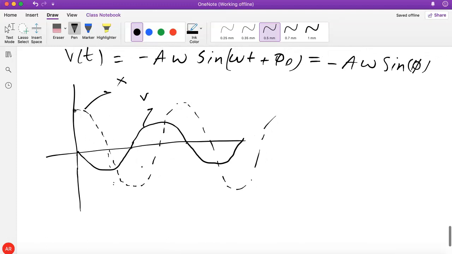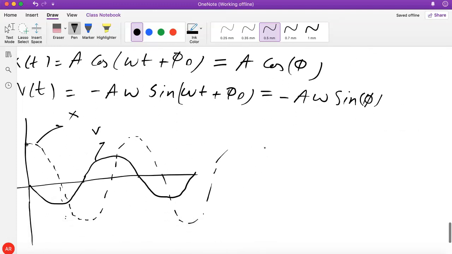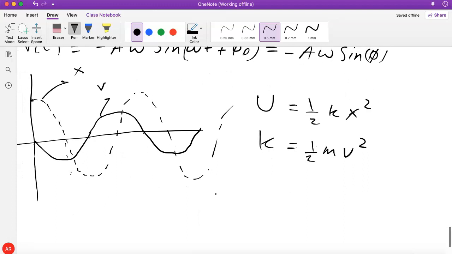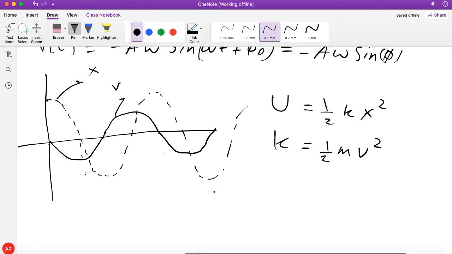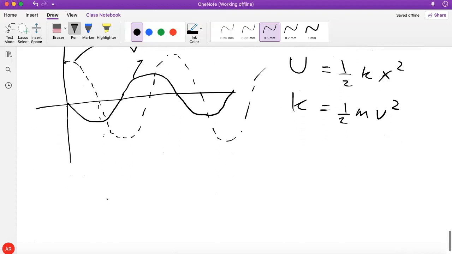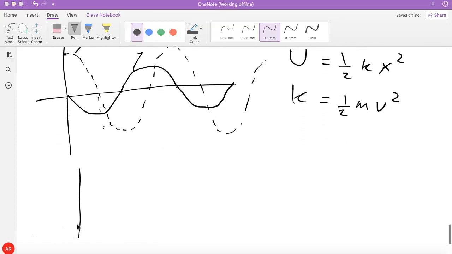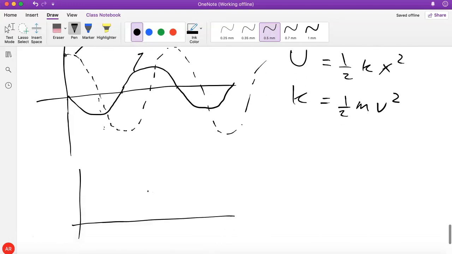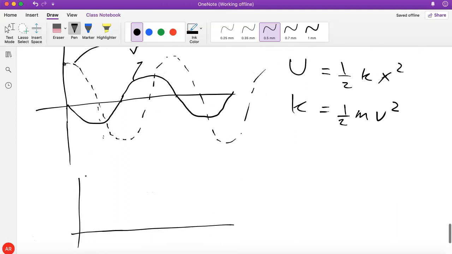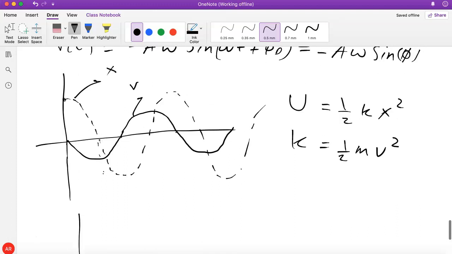And now thinking about U being 1/2 k x squared, and K, the kinetic energy, being 1/2 mass times v squared. Kinetic energy is proportional to v squared. Potential energy is proportional to x squared. So if I draw the potential energy and the kinetic energy, first let's just draw the kinetic energy.